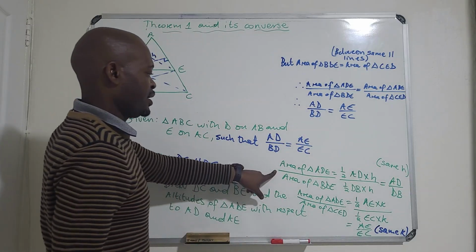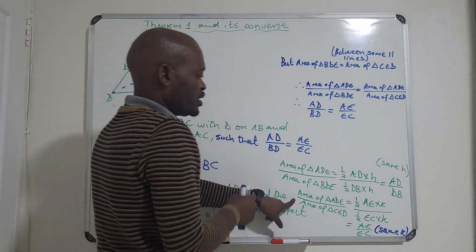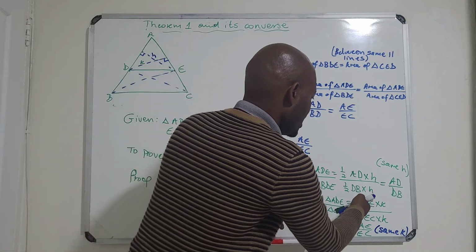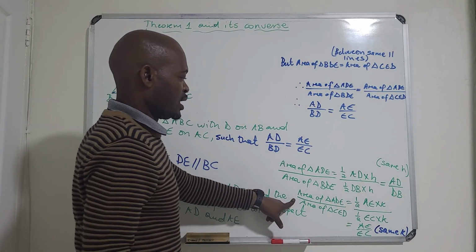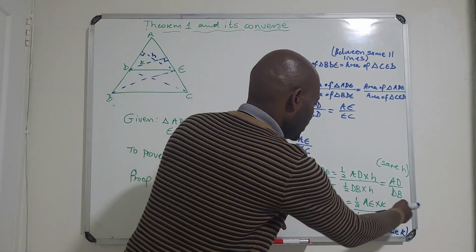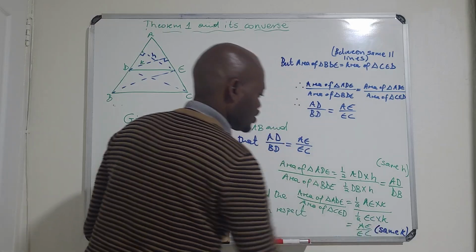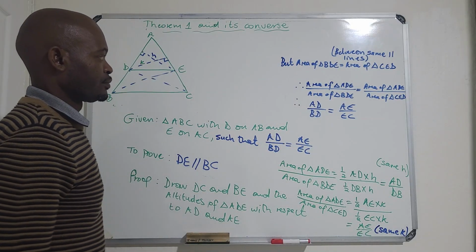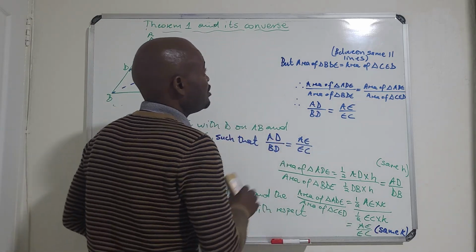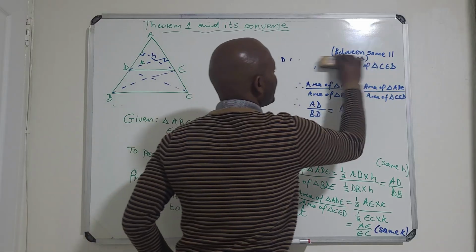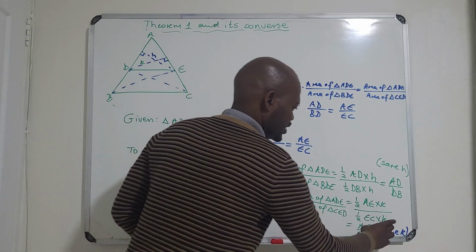Area of triangle ADE, we still do the same thing that we have done with the proof of the theorem: half AE times K over the area of triangle CED, which is half EC times K. Now, this is where we are at, but in this case, we are going to remove it after we have done this part and this part.